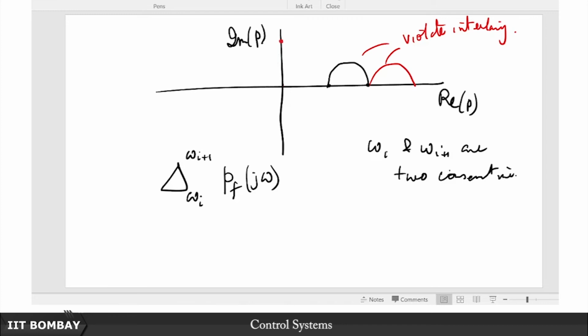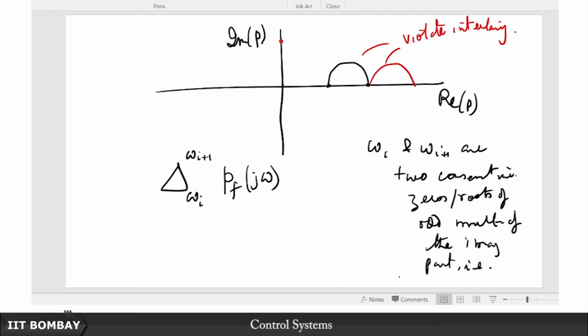So these are two consecutive roots of odd multiplicity of the imaginary part, that is, P_f imaginary (j omega) equal to 0.